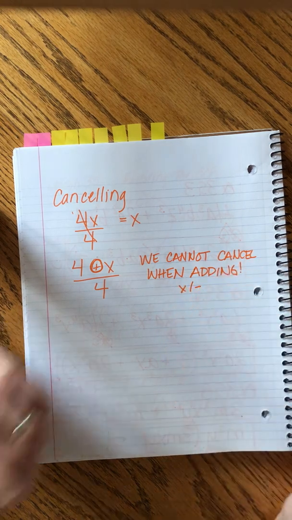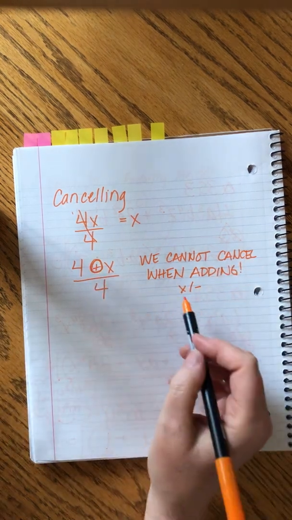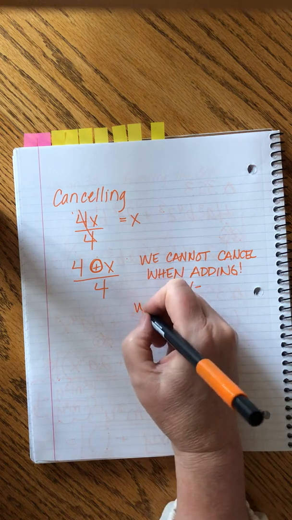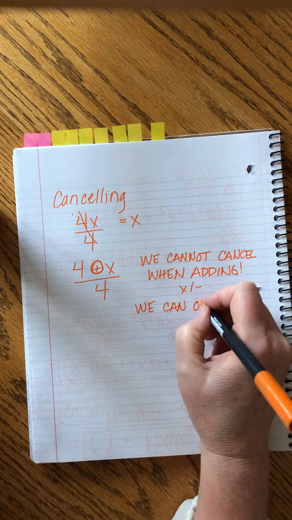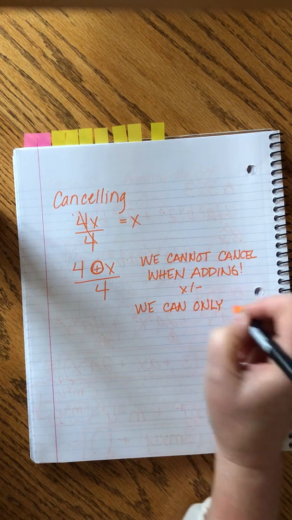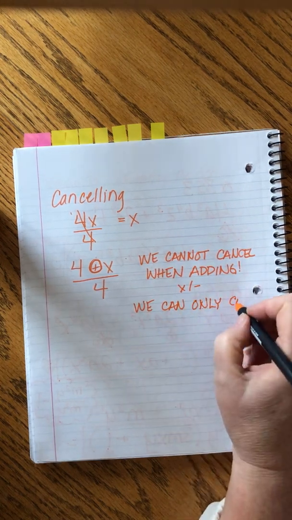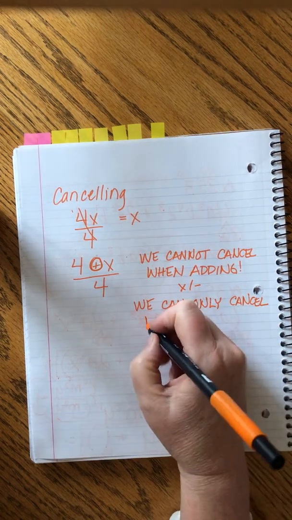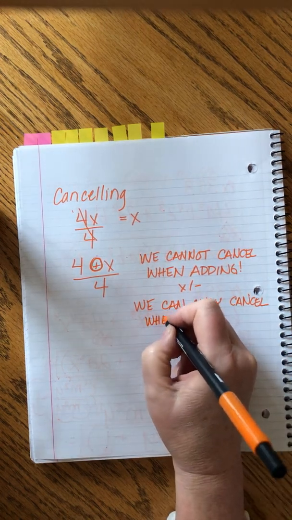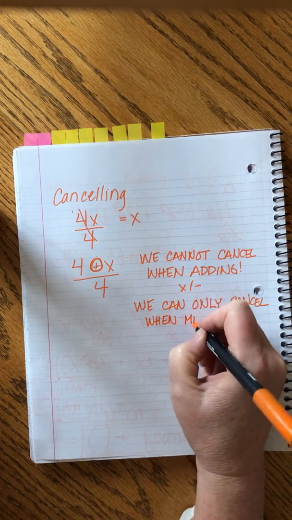And when I say adding, it could be a minus sign as well, plus or minus, right? We can only cancel when multiplying.